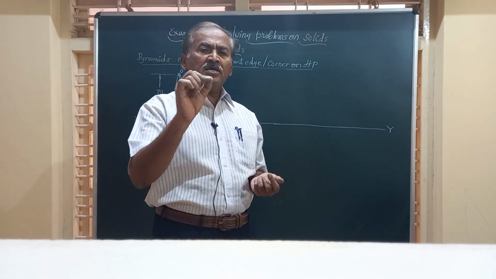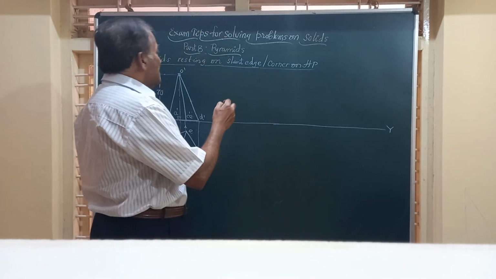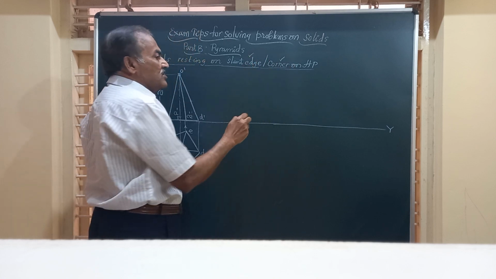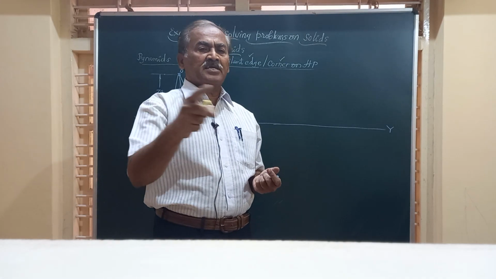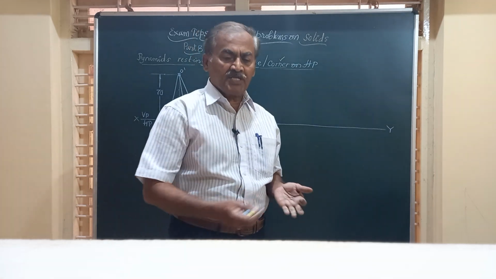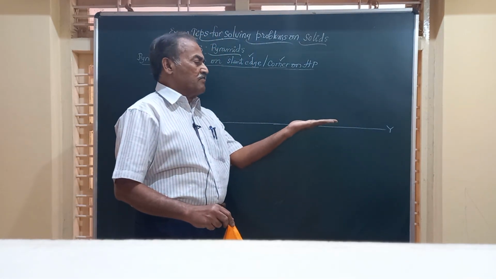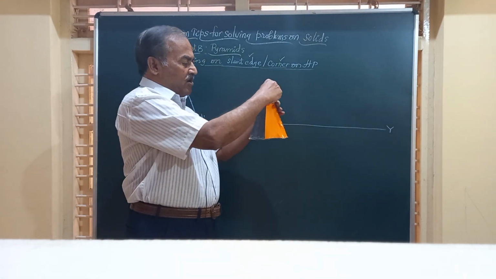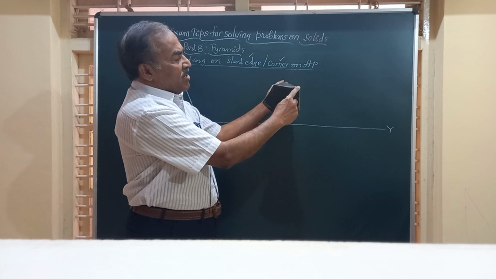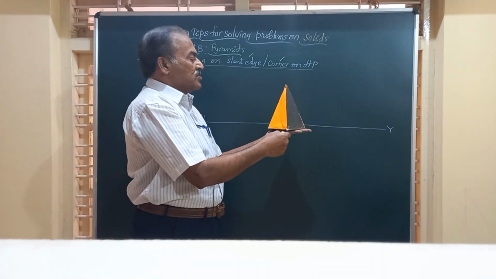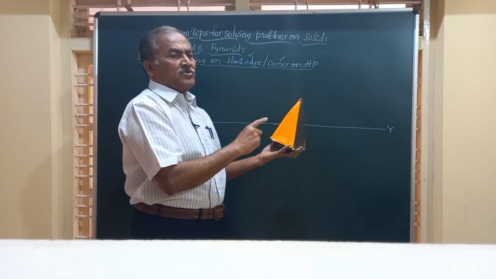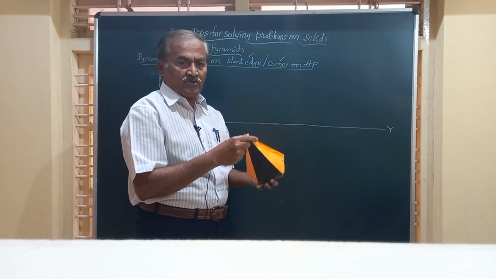Friends, in any of the questions, if you find the term slant edge or corner, whether it's in a test paper or in an examination, place the object on HP, take my palm as the HP, and place the object there so that one of the corners of the solid, that is the pyramid, should come to your side. And very obviously, on the opposite side, you are going to have a base edge perpendicular to VP.